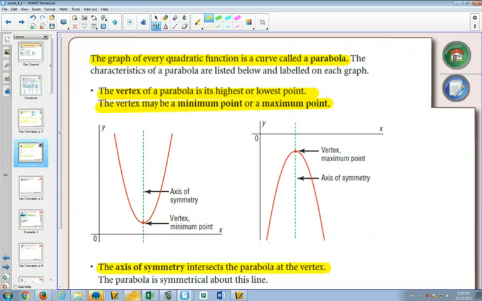And it always goes through the vertex, because a parabola is symmetrical about that line. So here's our axis of symmetry. Here's our vertex where it's a minimum. Here's our vertex where it's a maximum.